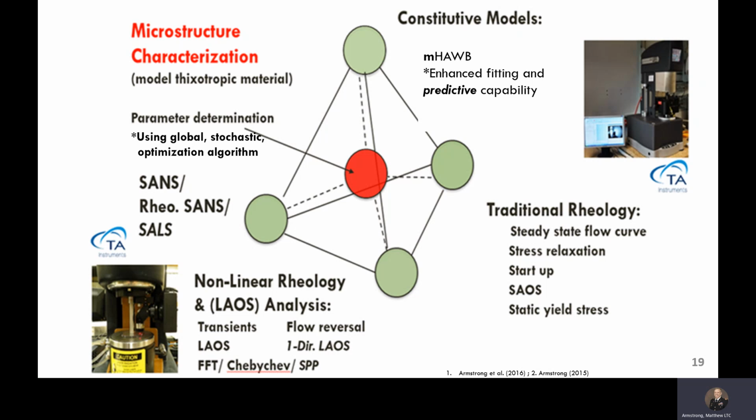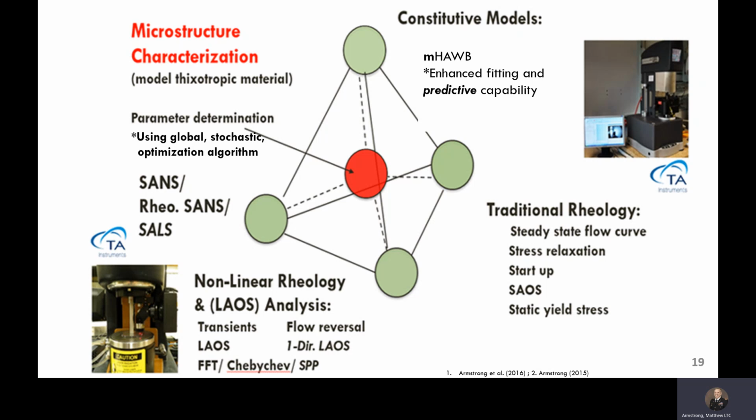And we're going to do that through constitutive models, traditional rheology experiments, nonlinear rheology experiments, including framework analysis techniques. In this case, we'll use the series of physical processes. And of course, we're going to use small angle neutron scattering and Rheo small angle neutron scattering, all to highlight or elucidate the structure of the graphene oxide material.